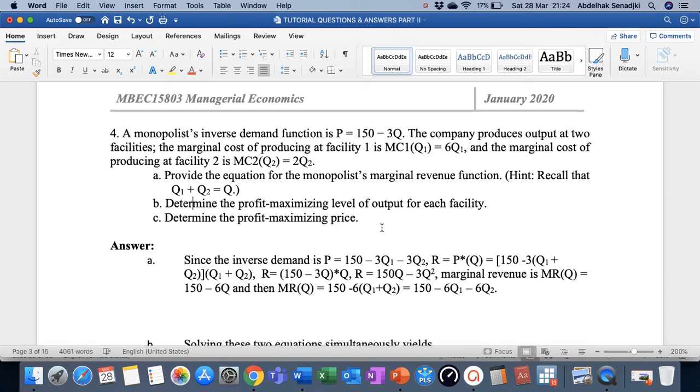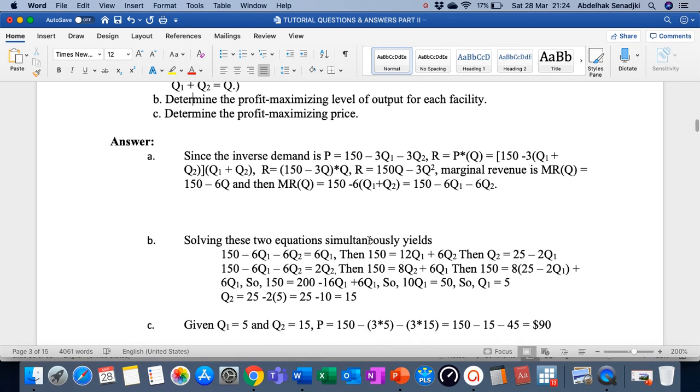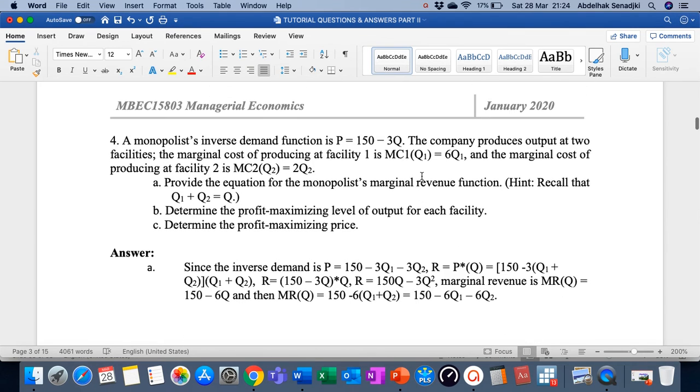We say that the monopolist will maximize the profit when MR equals MC. MR we already have, and here we have two facilities, so we have MC1 and MC2. So the condition is MR equals MC1 and MR equals MC2.